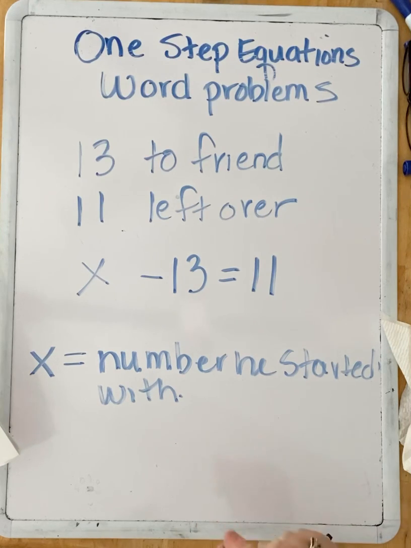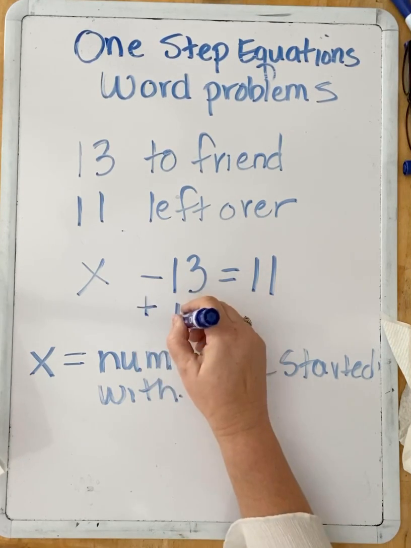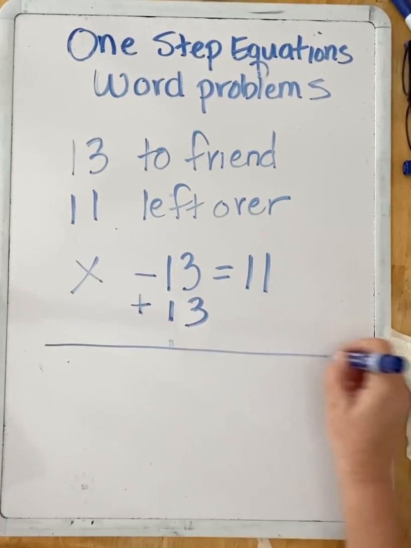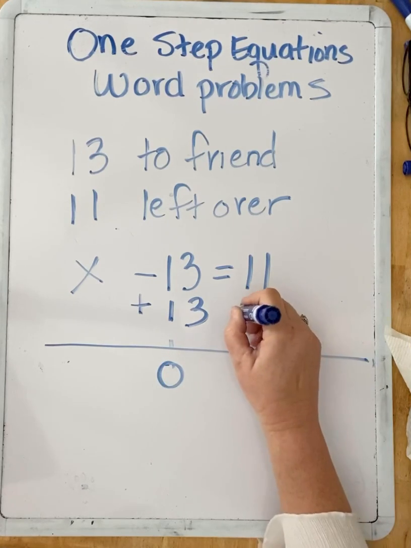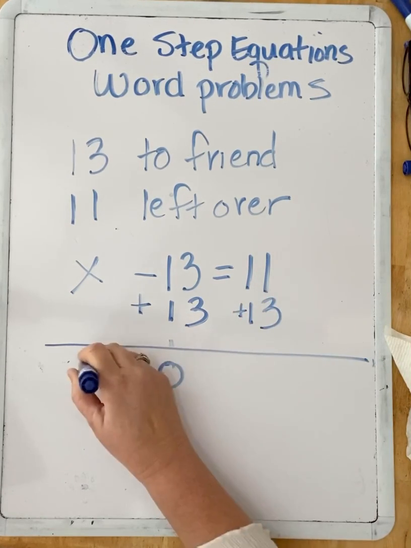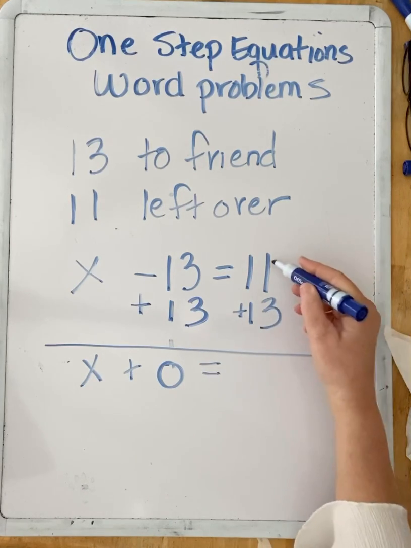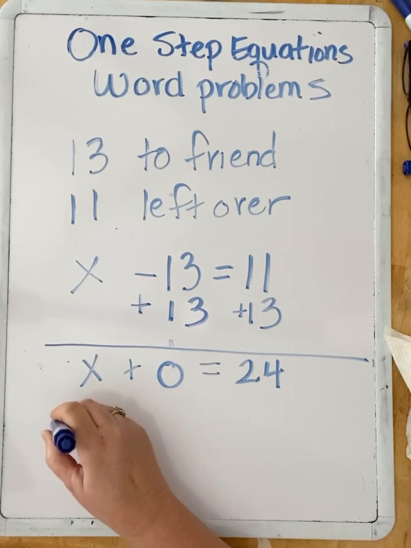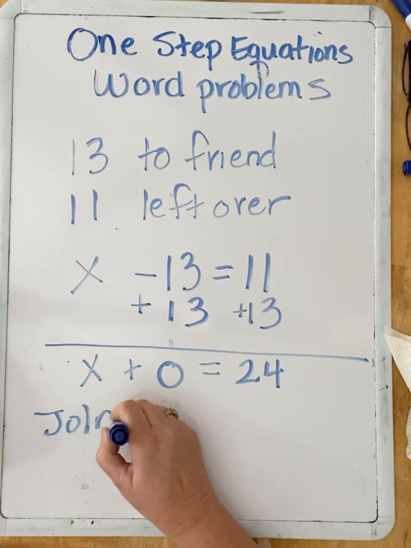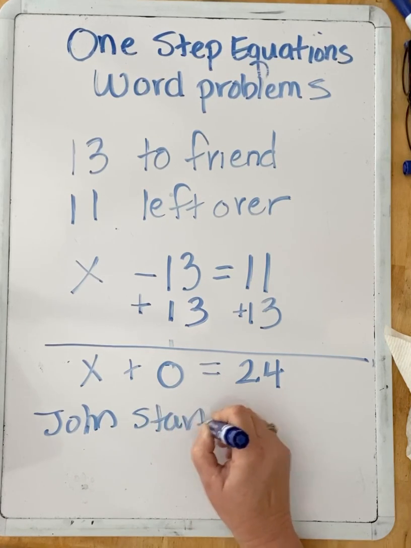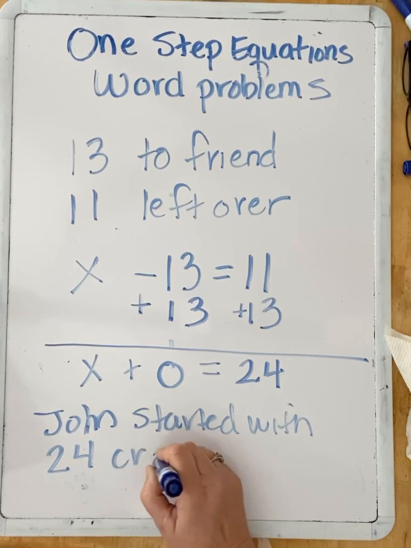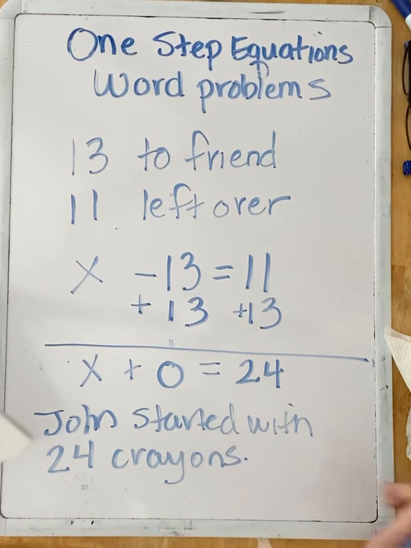And so we are going to add 13 to that in order to create the identity property to isolate the X. And then we have 11 plus 13, 24. So Joshua started with 24 crayons. Okay, see if you can sort through 4 and 5.